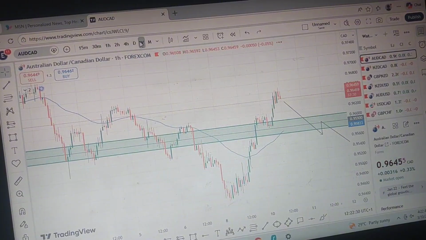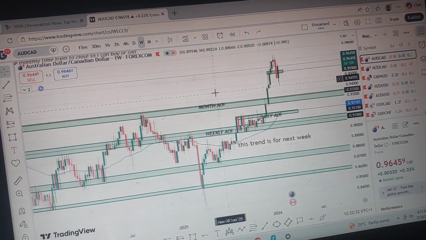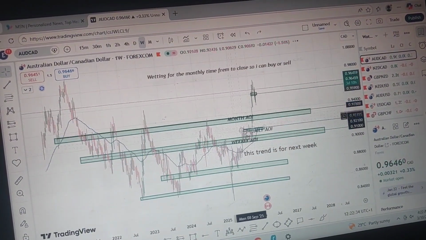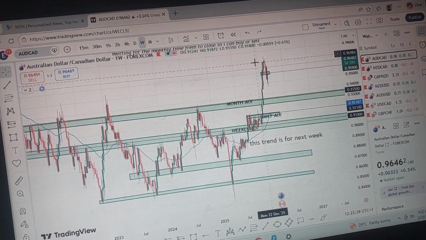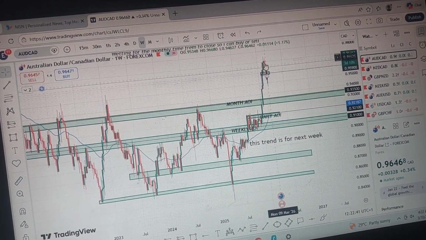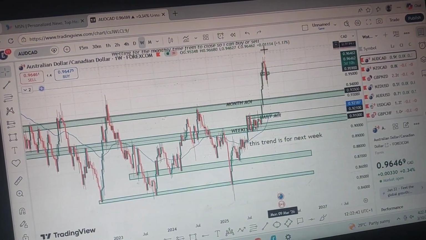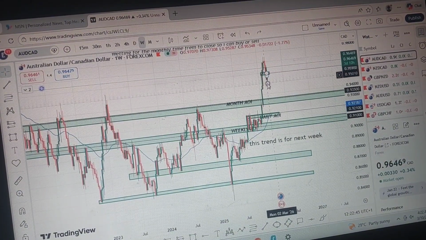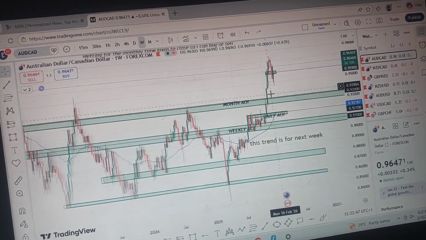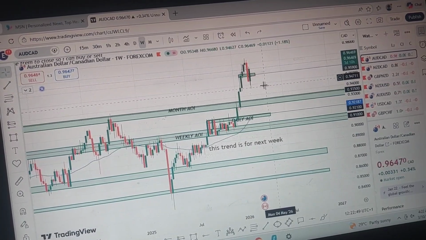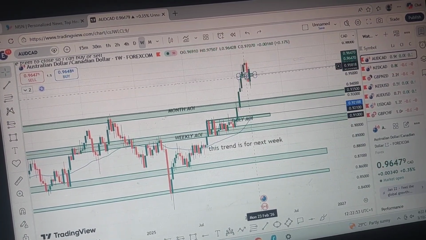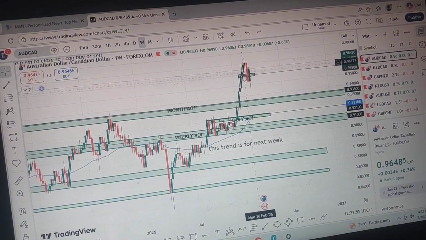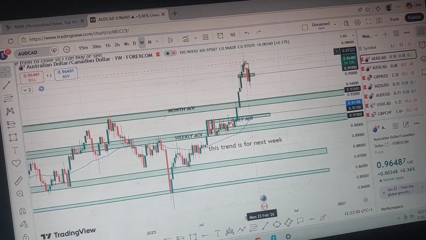So AUD/CAD in the weekly time frame, we've had a massive move. We're at a high point now in the market, and whenever we have a massive push, we need a retracement, we need a pullback. You get me? You can clearly see last week closed with a bearish engulfing candle, just 1 week engulfing 3 weeks.